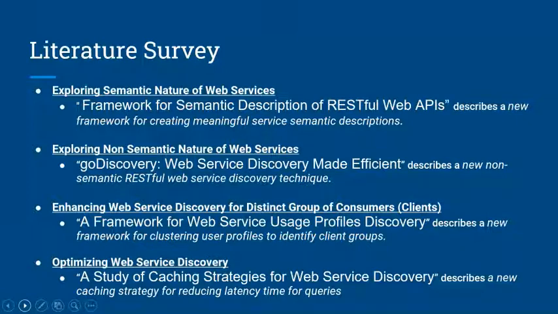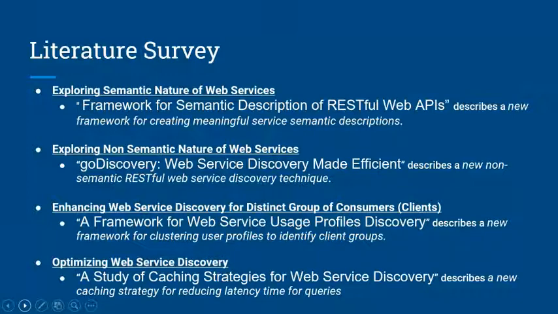In this particular research paper, we found a very interesting approach where they are clustering consumers based on the use of their services. For example, all travel users are being clustered together, all vehicle registrations are being clustered together, etc.